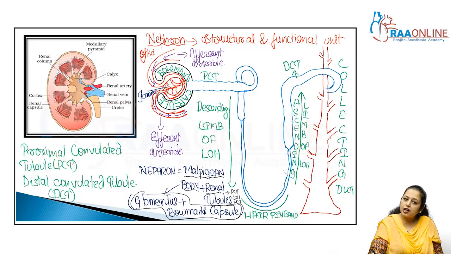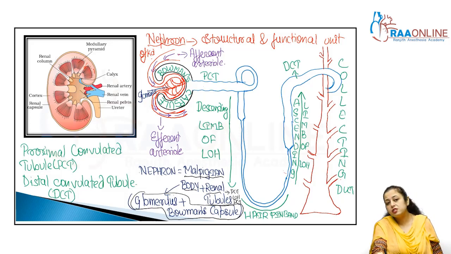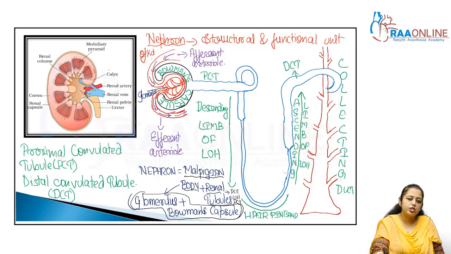Now what is the Malpighian body? It is the combination of the glomerulus, the tuft of capillaries, meaning a group of blood capillaries, and the Bowman's capsule, which is a double walled cup like structure. The arteriole which carries blood towards the capsule is called the afferent arteriole, and the arteriole which carries blood away from the capsule is called the efferent.